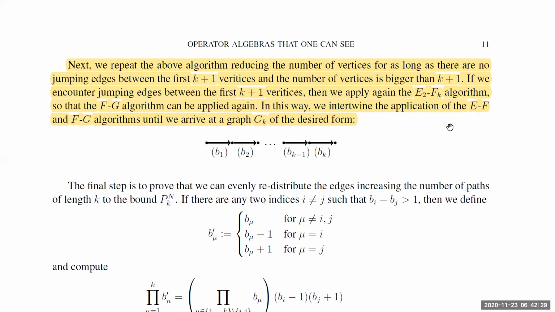And this is what we are saying. If we encounter jumping edges between the first k plus 1 many vertices, then we apply again the E2 to FK algorithm. Of course, they can be only between the k vertex and the k plus first vertex, right? Because before, by assumption, we don't have any jumping edges. But we might have a jumping edge which starts at the k vertex, jumps over k plus 1 to k plus 2, stuff like this. Okay.